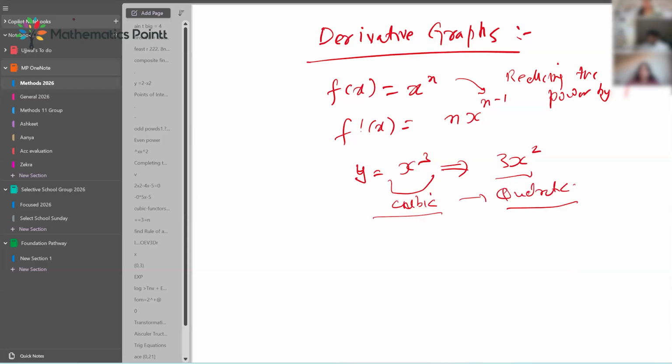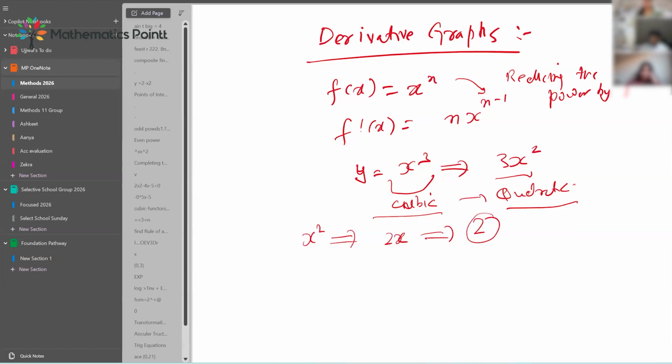So if you're not getting it, that means there's something wrong. If you have a quadratic, it should become linear. So if I have x square, what does derivative make it? A linear, 2x. If you have a linear 2x, it makes it a constant graph which is parallel to the x-axis.